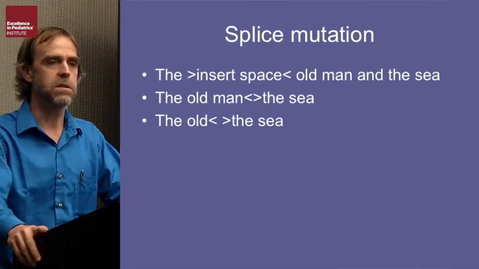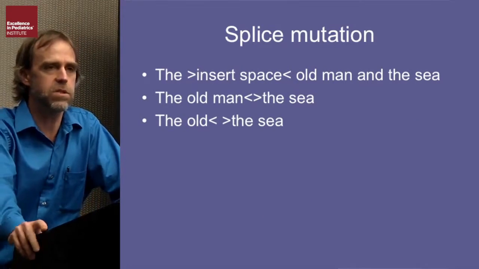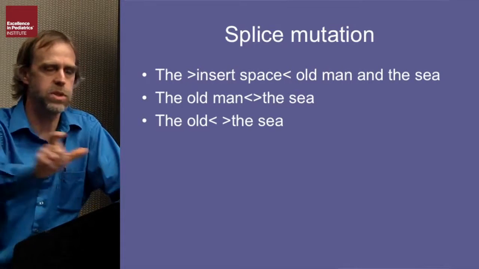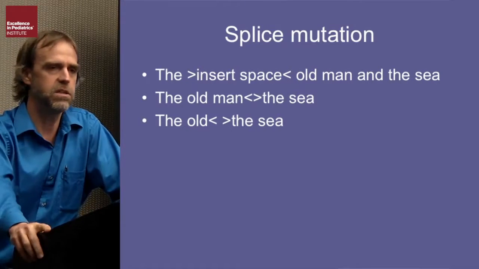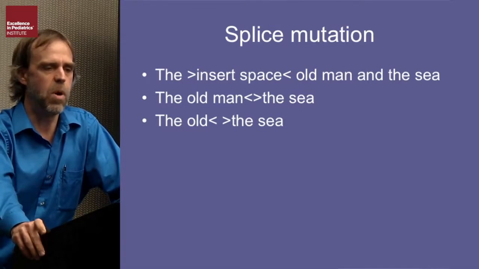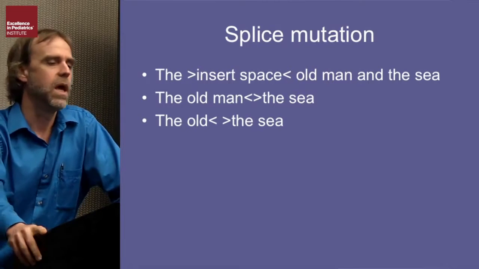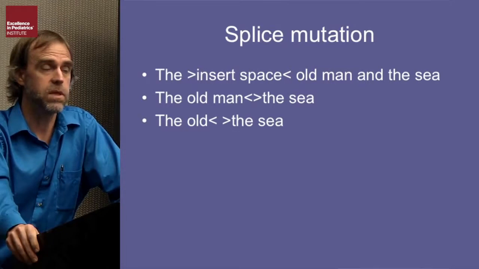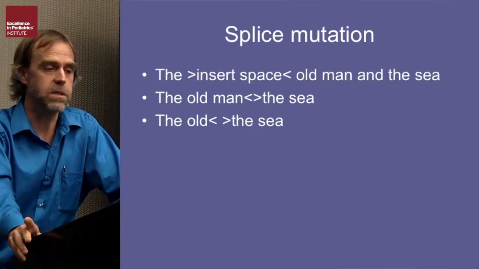Okay. Splice sites. Our genes do not just read through as a single continuous thing; there are punctuation points in it, and at those points, the RNA has to be spliced.